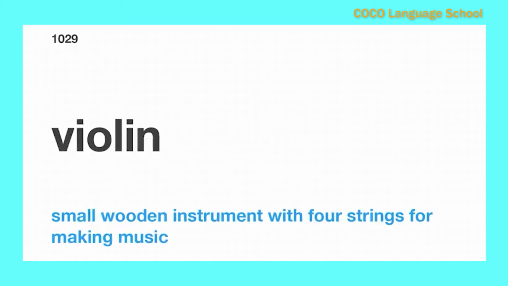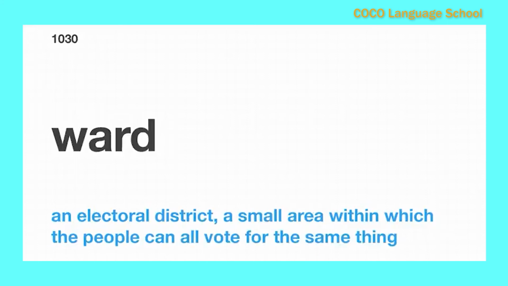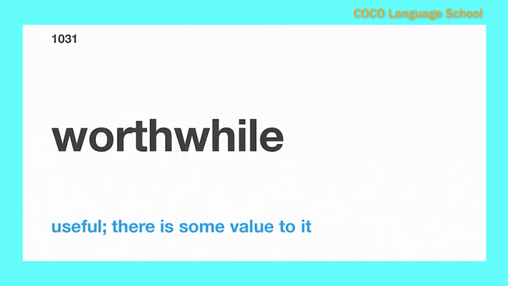Small wooden instrument with 4 strings for making music. Violin. An electoral district, a small area within which the people can all vote for the same thing. Ward. Useful, there is some value to it.